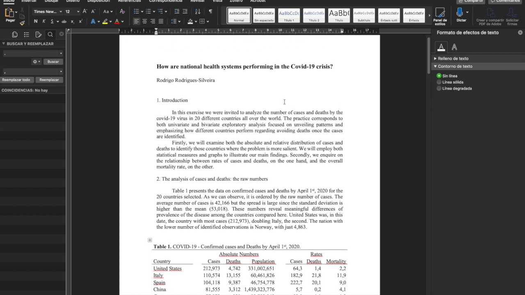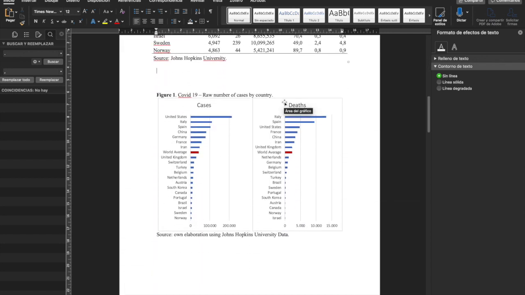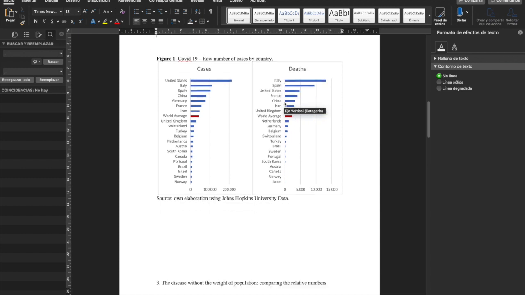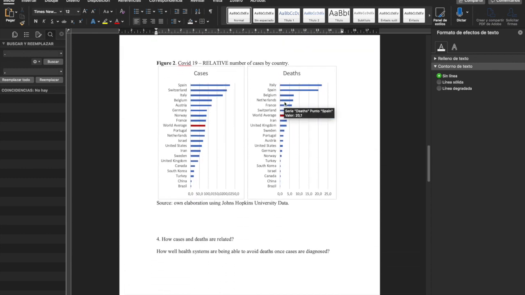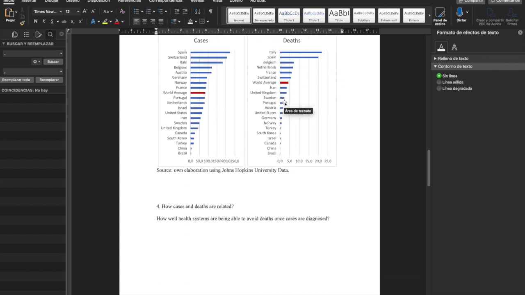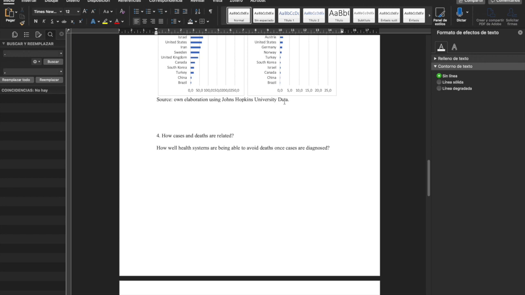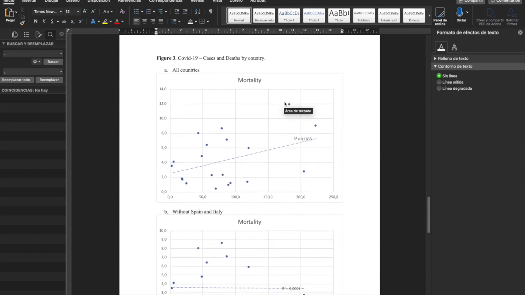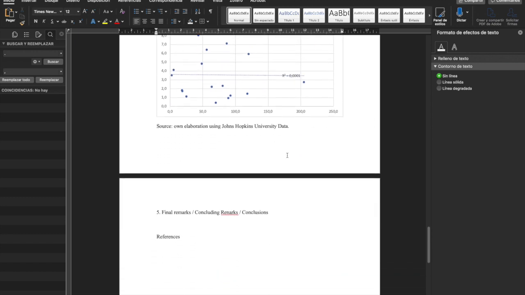So you need to create this kind of document, presenting the data in an orderly fashion, in a sequential and logical narrative. You need to convince me, and you need to tell me a story. If you don't tell me a story, I won't understand anything. So this is the purpose of the exercise. So here is how it's done, and you need to comment on this.